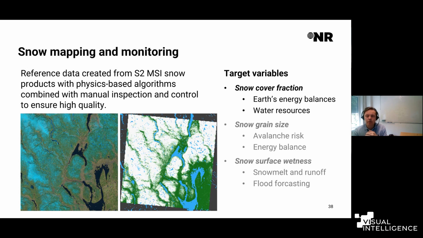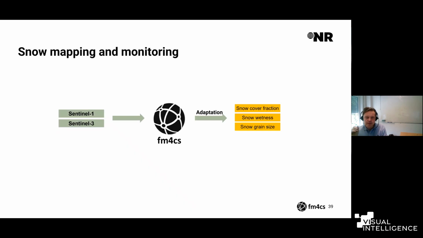So that is based on using Sentinel-2 data, and quality ensuring that in order to make it robust. So this is what we have used, and then this pipeline will take this Sentinel-1 and Sentinel-3 data. Sentinel-3 is the most important here.